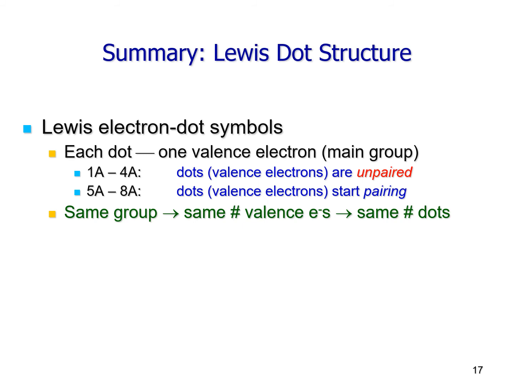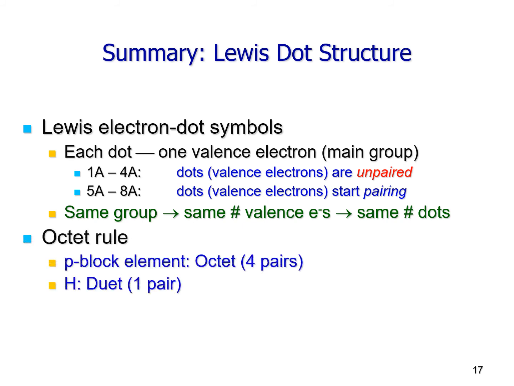Elements in the same group must have the same number of valence electrons, as we discussed in chapter 6. They must have the same number of dots, and they must have the same dot configuration as well. And the octet rule applies to the elements in the p block. For hydrogen, the s block element, a duet is sufficient.